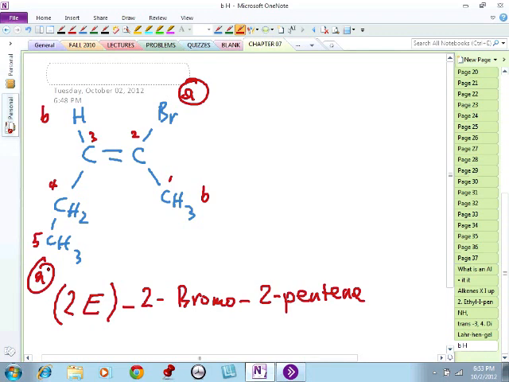When it is on opposite sides, we say it is E. That is the convention. When the groups of same priority are on opposite sides of the double bond, the convention says that it must be E. And when they are on the same side of the double bond, the convention says that it must be Z.